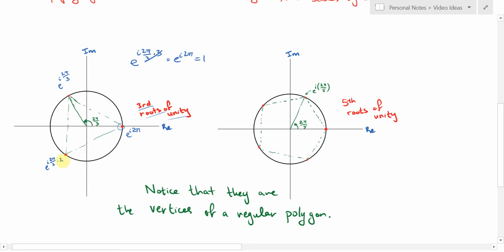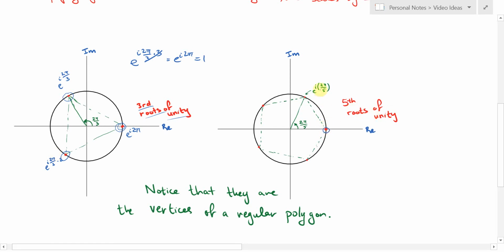So if you want to know, well, what are the cube roots of 1? Well, 1 is the only real number that's a cube root of itself. But there are 2 complex numbers that you could also cube to get to 1, in the same way that there are 4 complex numbers you could take to the 4th power to get to 1. And similarly here for the fifth roots of unity.